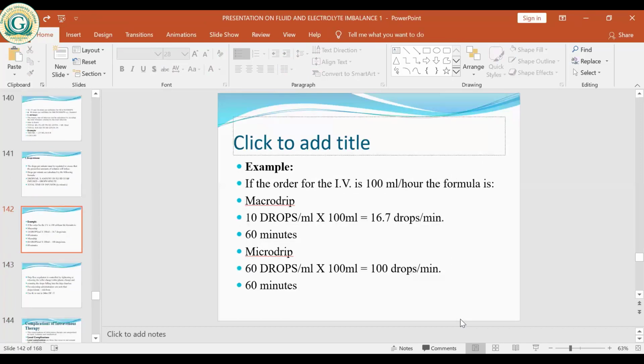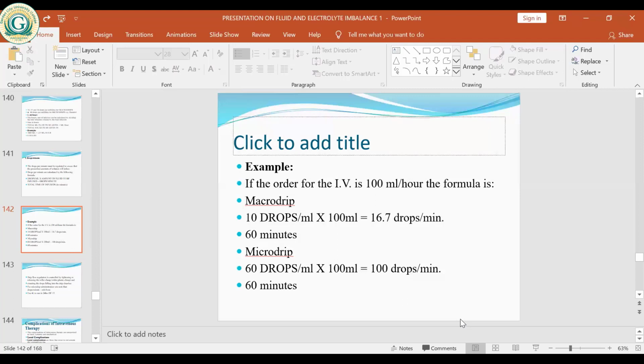Okay, so for example, if the order for the IV is 100 ml per hour, the formula is 10 drops per ml times 100. So that's the drops per minute. Here you have 100 ml of the infusion to run in 1 hour, so you change the hour to 60 minutes. And the drop factor is 10.